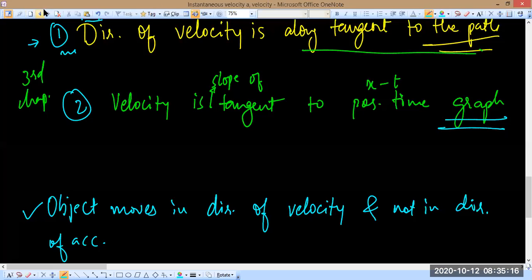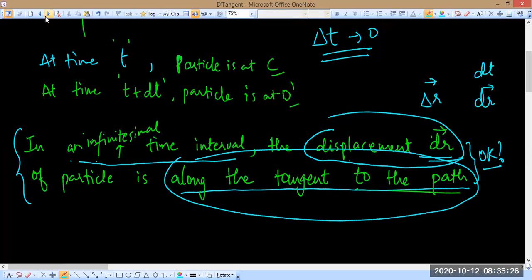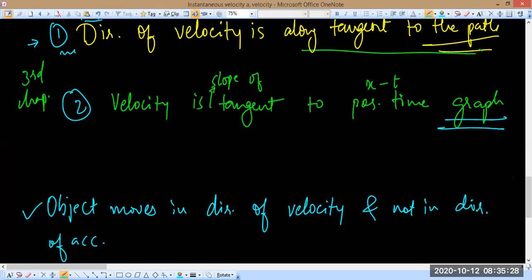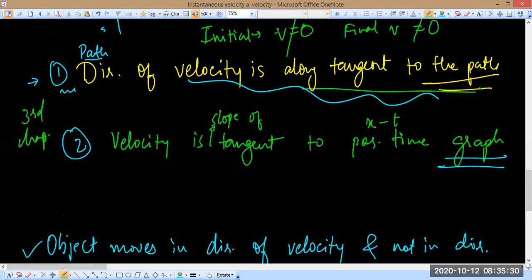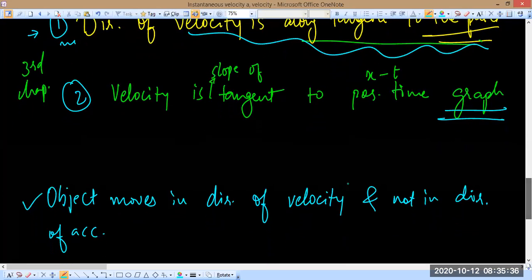If you would go back and look at this one, what is this telling you? It is telling you that displacement is along the tangent. Okay, nice. And now here we have written that velocity is also along the tangent, right? Okay, we have written displacement is along the tangent and velocity is also along the tangent.